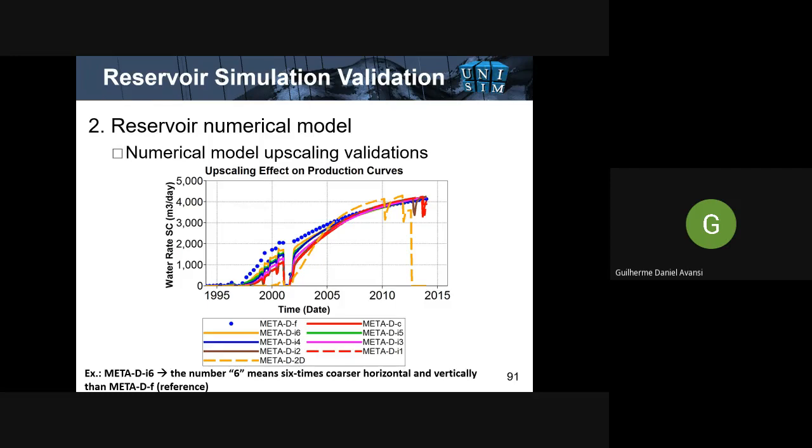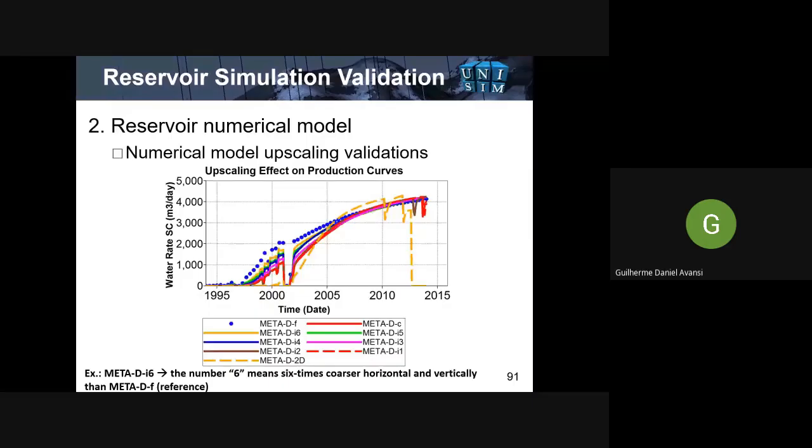As we can see here, just changing the grid cell resolution, we can have different types of flow pattern. So this is a simple one, getting all the information in a 2D, and this is the best, the most accurate model, and we have a different pattern.